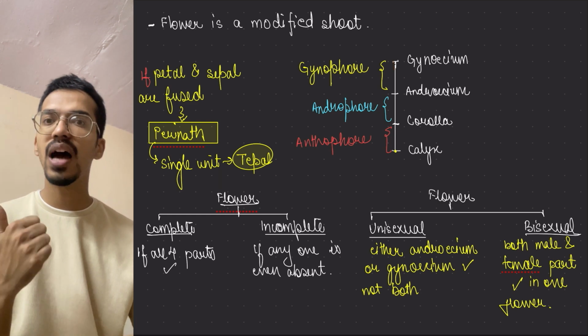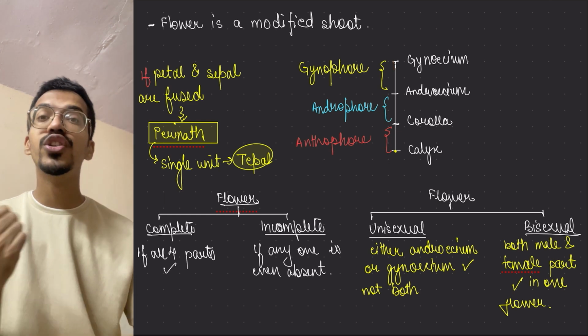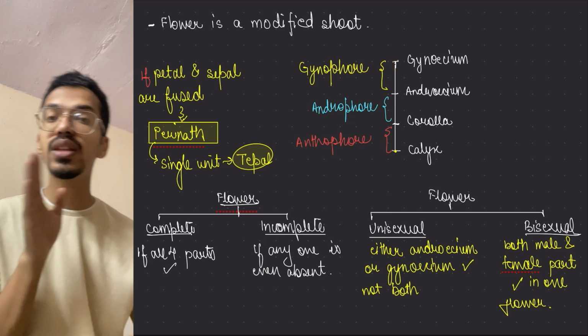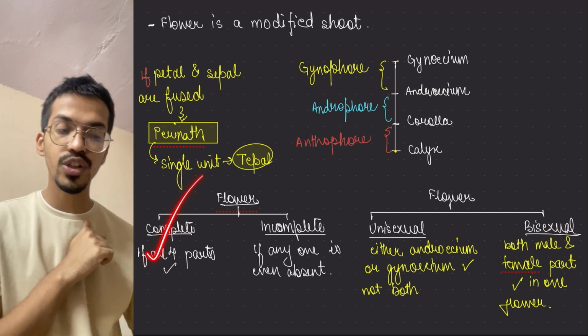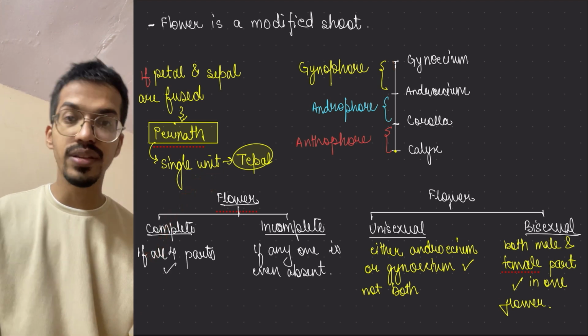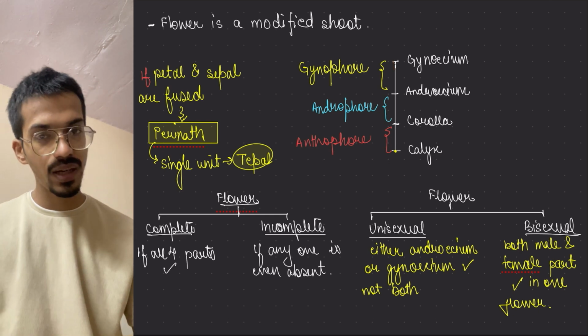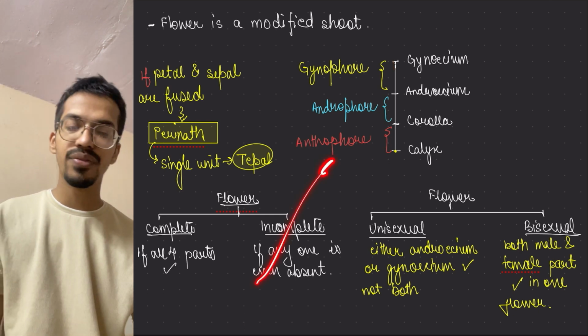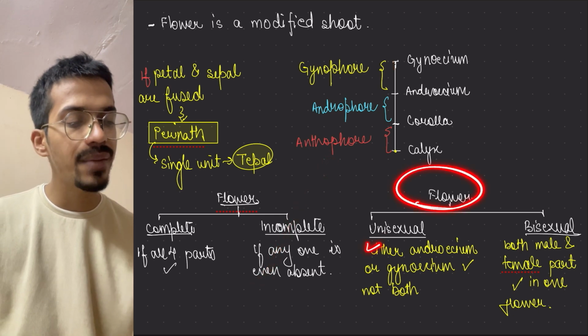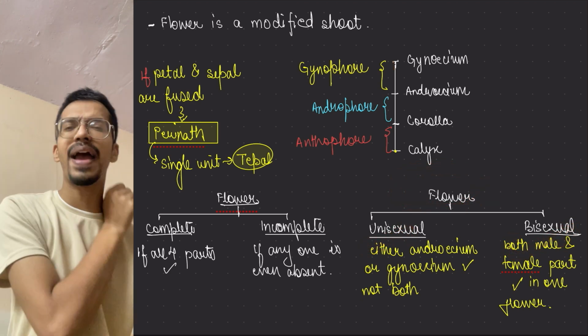For example, there are unisexual flowers. A unisexual flower has either the male part or the female part, so we call it an incomplete flower. And a bisexual flower has both male and female parts present in it. On that basis, a flower can be considered unisexual or bisexual.